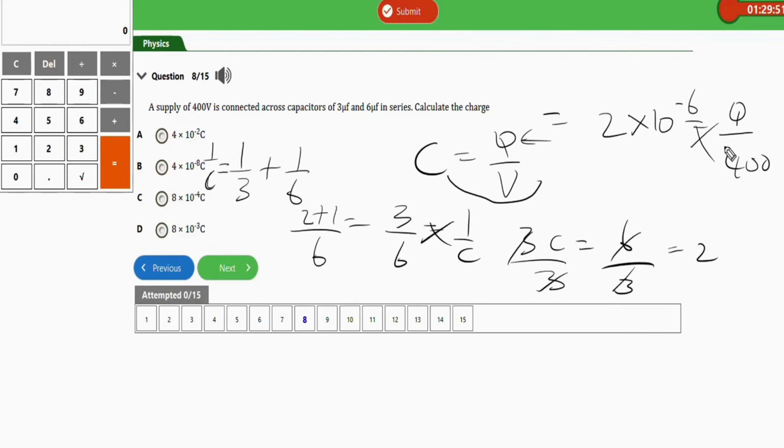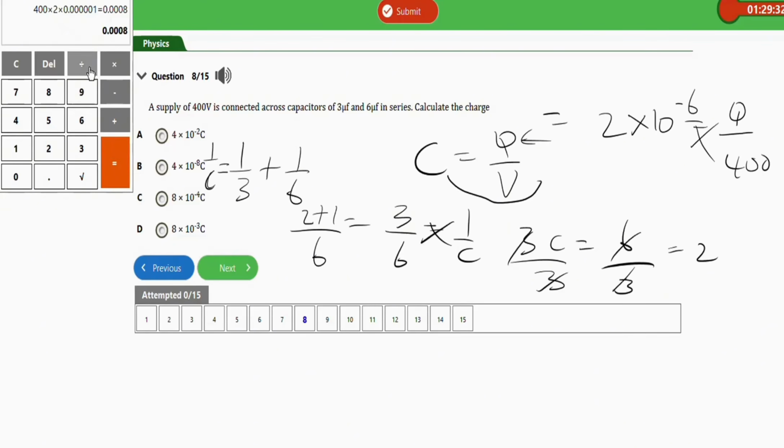So when you cross multiply, let's punch this on the JAMB calculator: 400 times 2 times 10 to the power negative 6, then 0.000001. Press equal to.